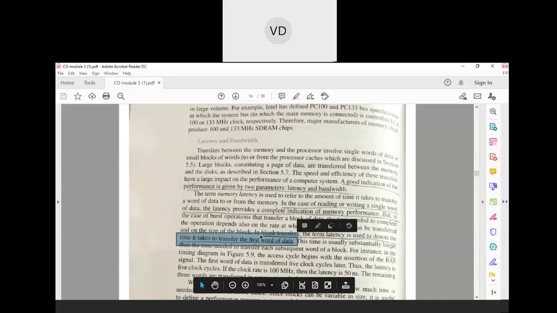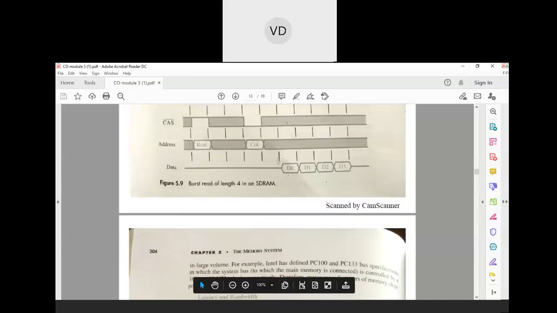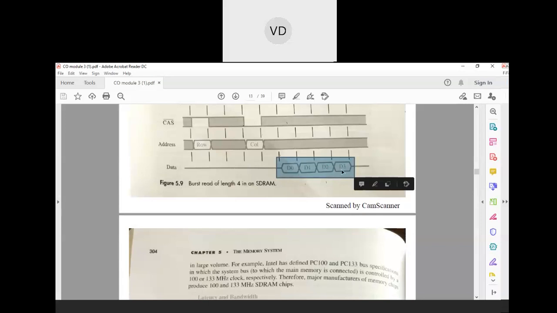Here we are doing block transfers, is it not? We are transferring 4 bytes of data, this is one complete block. Let us consider we are having 512 bytes of data. This block is containing 512 bytes of data.